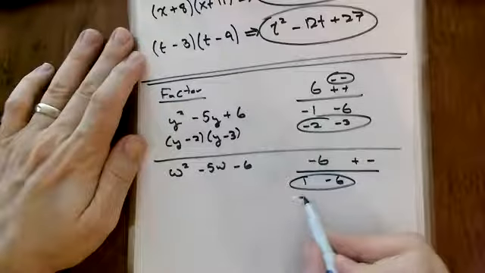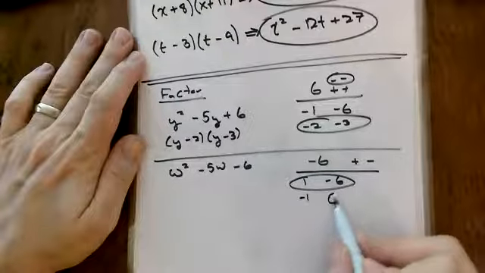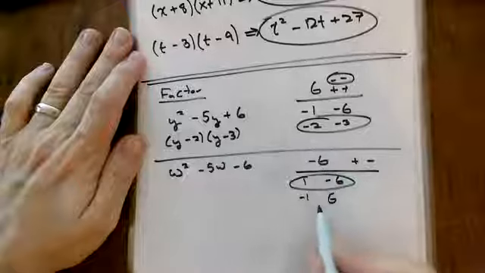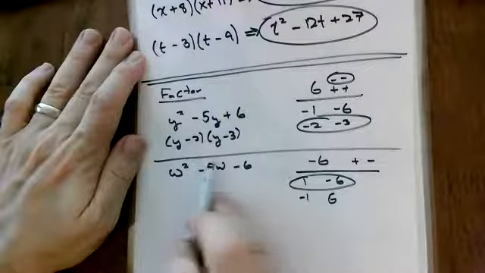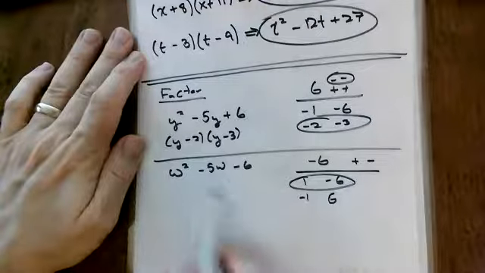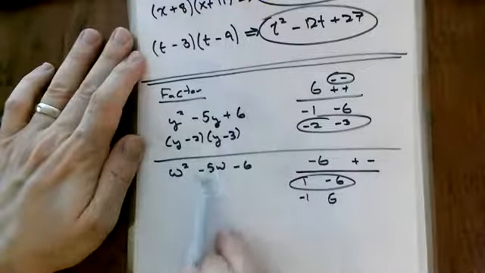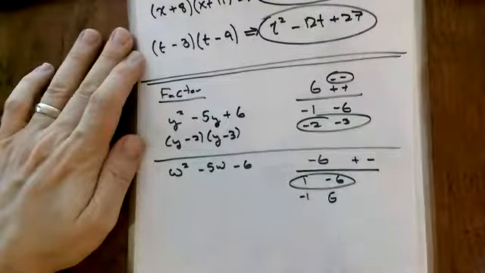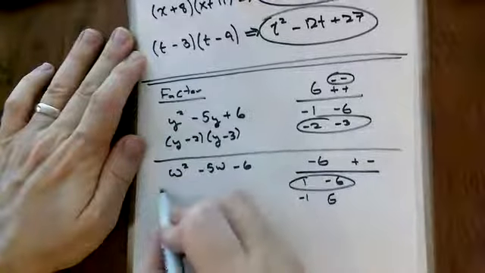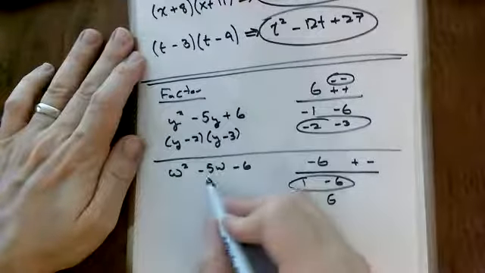But remember, if you had a -1 and a positive 6, that would also multiply together to be a -6, but it wouldn't add up to be the correct sign. So the sign of this number is usually going to be the sign of your largest factor. So I'll repeat that here.